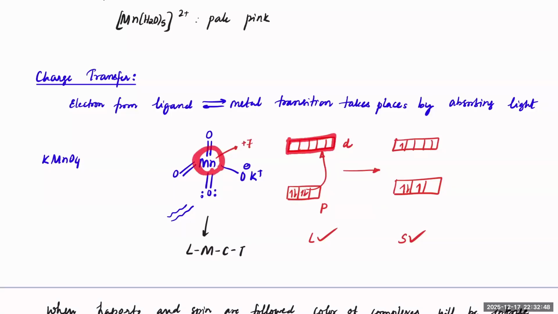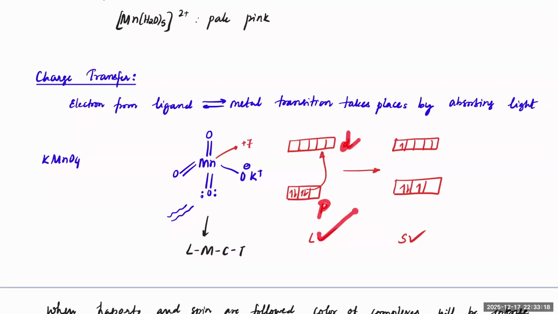For example, KMnO4 has an empty d orbital. So the electron which is present in oxygen, which is in the p orbital, what is the configuration? 1s2, 2s2, and 2p4. So electrons are in the p orbital, outermost electrons. That will absorb the energy and go to the empty d orbital, correct? So when they go, the movement is from p to d.